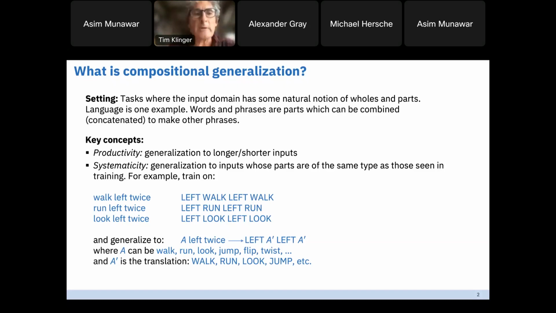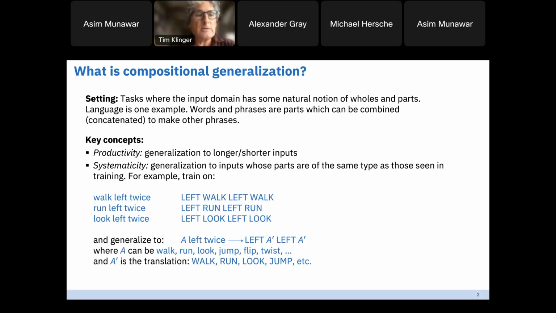And this is natural. If you're doing something with language, there shouldn't be any sort of arbitrary cutoff in the length of sentences that you're dealing with. It should understand for languages that are infinite what the recursive structure of the language is and generalize to longer or shorter inputs.